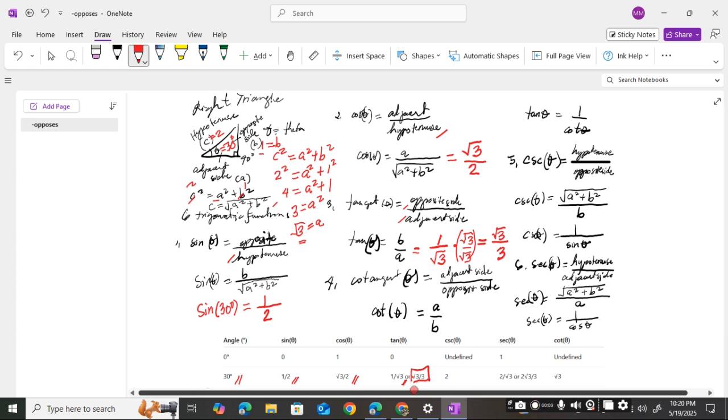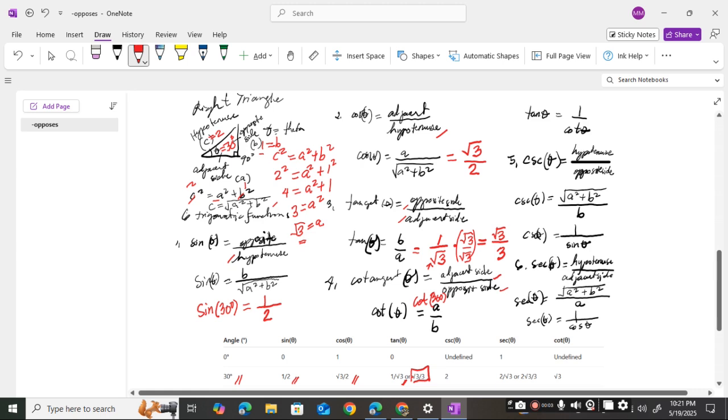Now, how about for the cotangent function? Again, we supply cotangent of 30 degrees. As I mentioned, we define it to be the adjacent side over the opposite side.